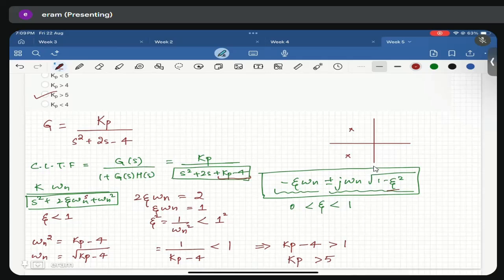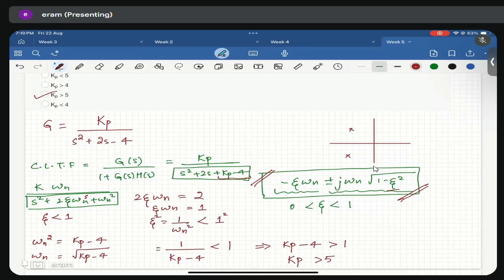Yes, ma'am. That is actually what the solution is when zeta is between 0 to 1, and from that only we are able to write such type of roots. Yes, that's the same thing only.